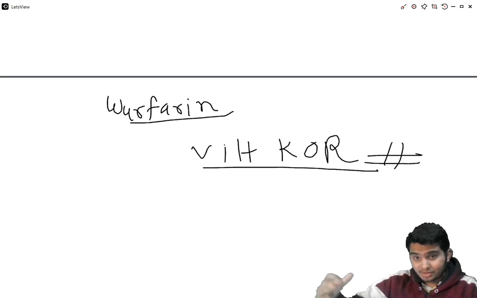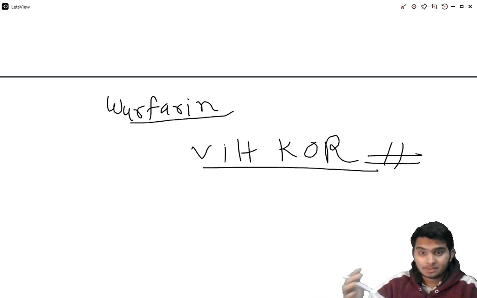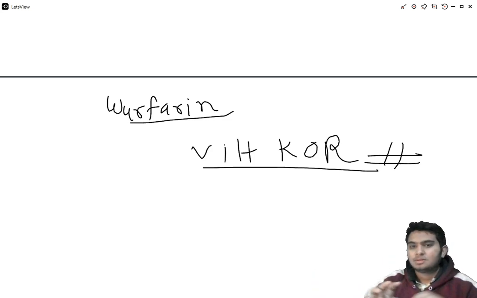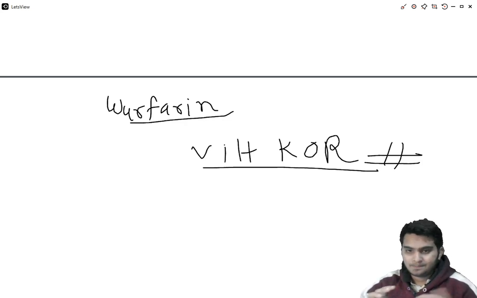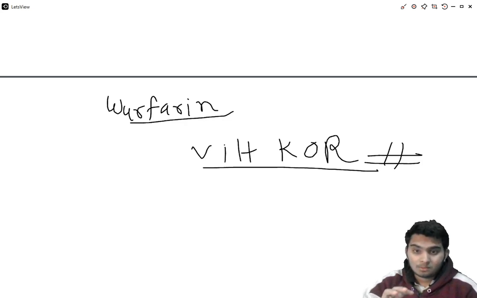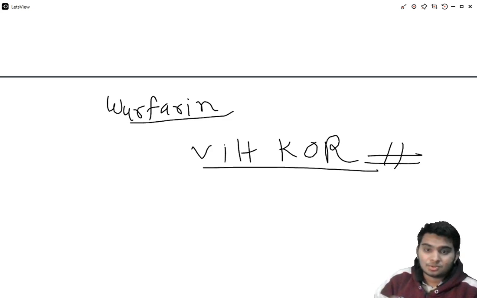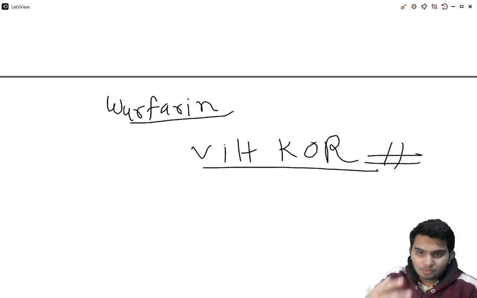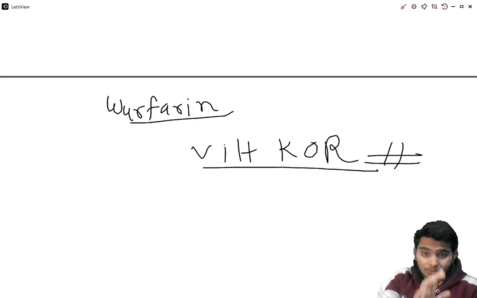So there is already vitamin K available, which was previously made, and it will be used to make the clotting factors. As that is used up, since we have already inhibited this enzyme, further vitamin K will not be available for the carboxylation of the required clotting factors in the liver.